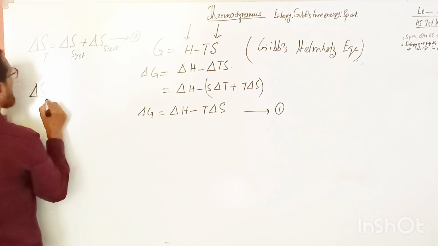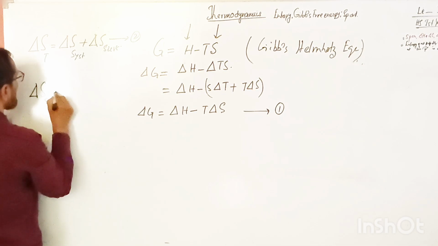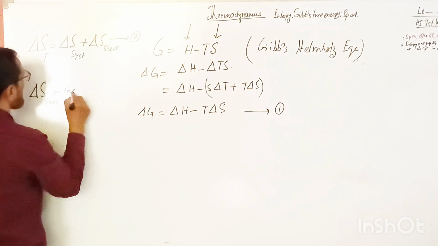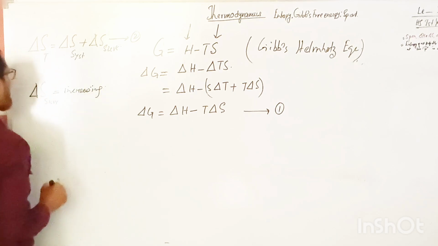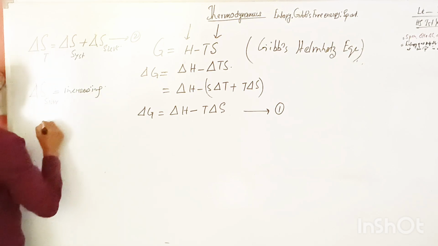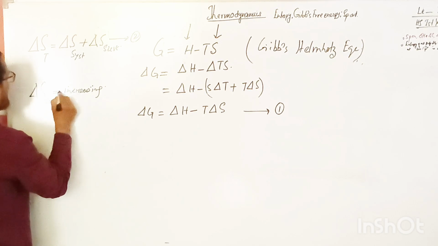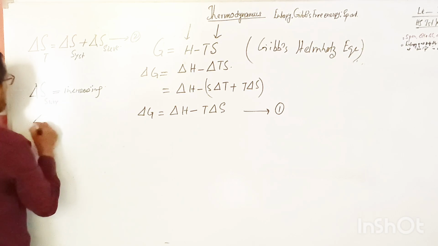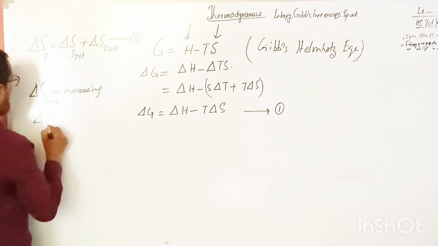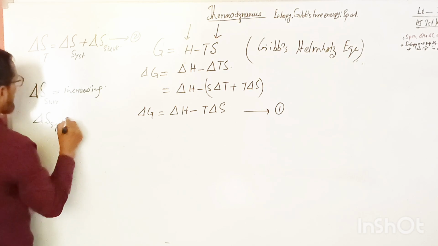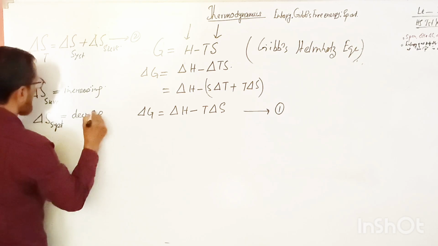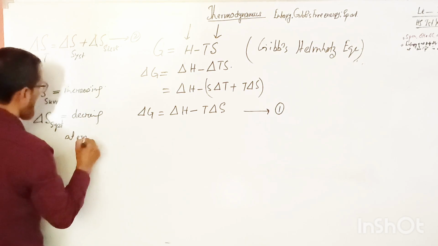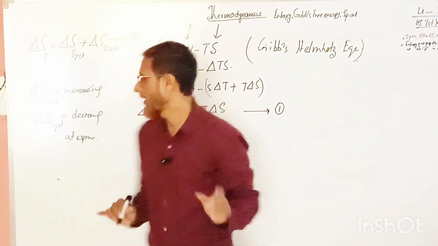But if you assume the entropy of the surrounding is increasing, that is, the entropy of the system is decreasing at equilibrium, just at this point you should fundamentally follow.